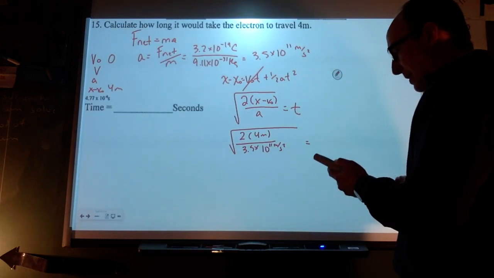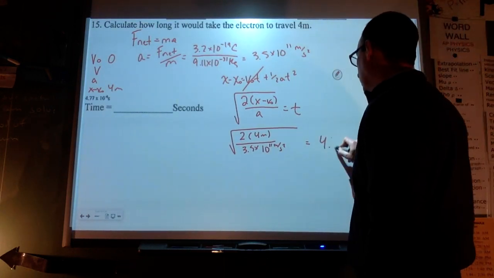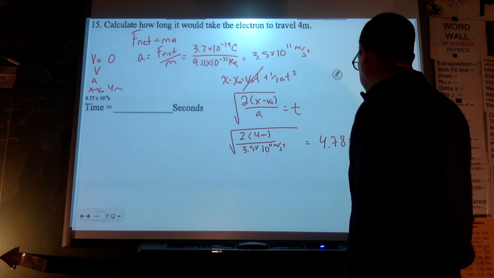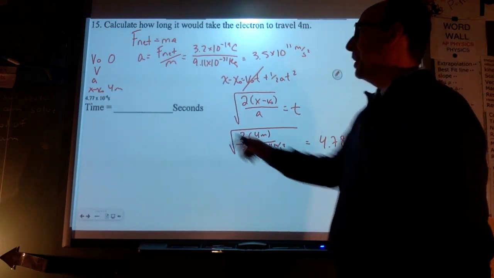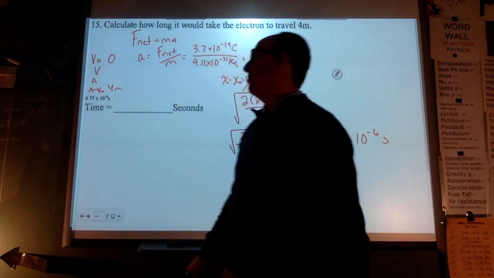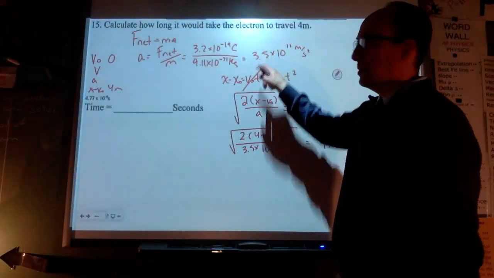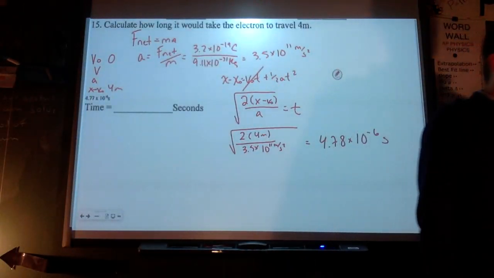So I got 4.78 times 10 to the negative 6 seconds. On the answer key, I got 4.77, but it might have been how I rounded the acceleration.